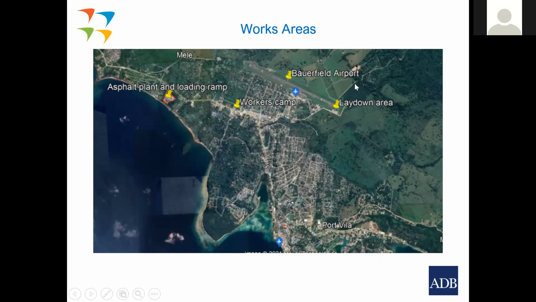It would be close to the airport, but the Department of Water said, no, you can't do that because this whole area is a water reserve for potable water. They said, no, we don't allow you to have your asphalt plant here because of the risk of contamination. So the contractor had to go and find another place.